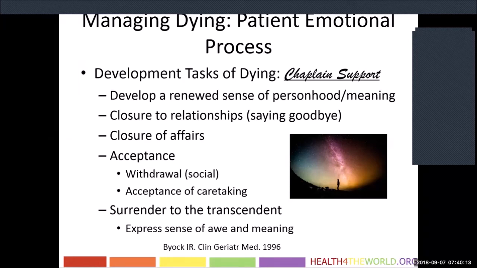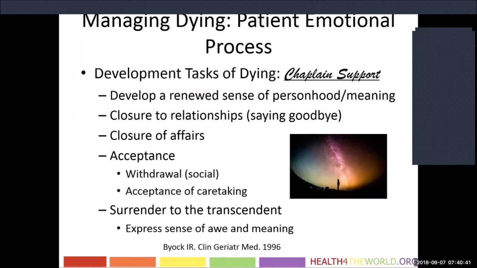You start to see closures in relationships. People are starting to say goodbye. They're wanting to see relatives, they mend fences in relationships. There can be closures in affairs, just the practical matters, like how I'm going to close out bank accounts, my house, where things are, how I'm going to take care of my family. You might see patients starting to become resigned or accept, and sometimes during acceptance, we may mistake and call it depression when they're starting to socially withdraw.